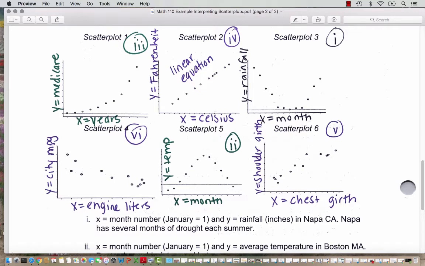There's higher rainfall early in the X value, so that would be January. And then it dips to no rainfall. That horizontal line is to represent 0. And then the rainfall inches increase again as we get to the end of the calendar year, November, December. So we've labeled scatterplot 3 with the x-axis as month and the y-axis as rainfall.